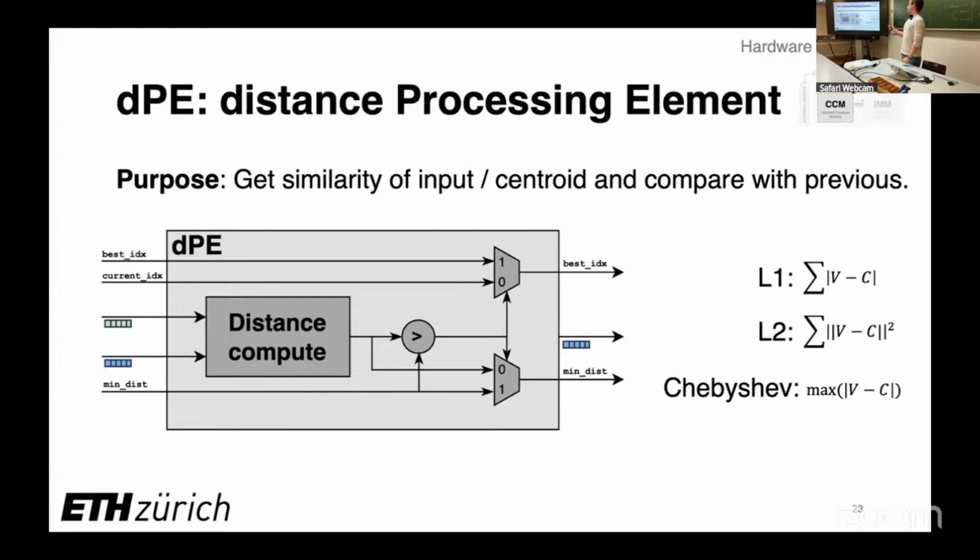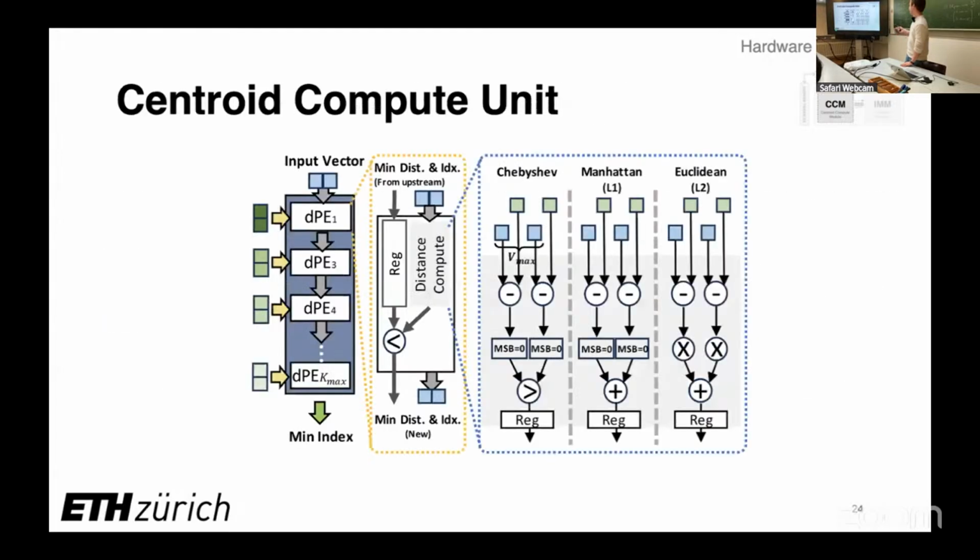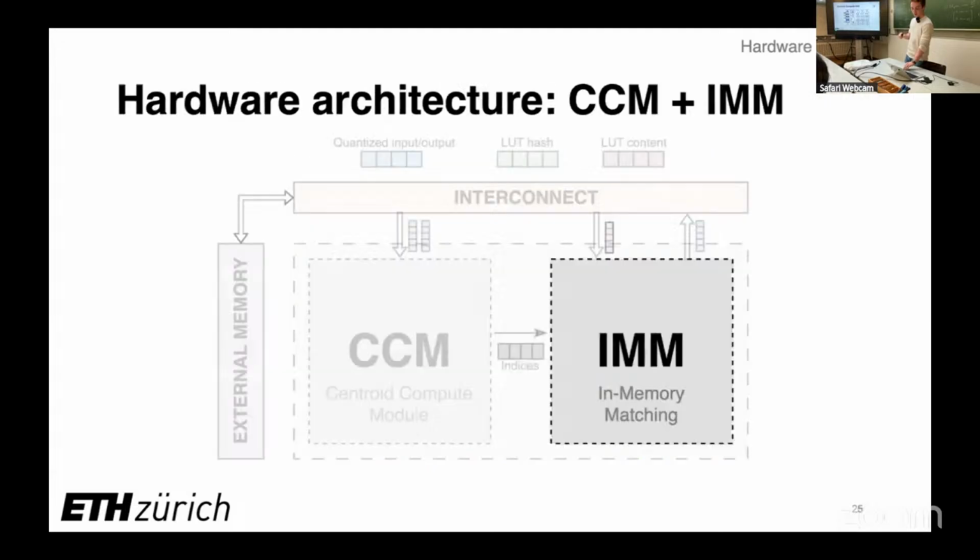And then the simplest but most crude is Chebyshev, which is just the maximum difference of any element between the 2 vectors. And this is a figure from the paper that gives more detail inside the compute, inside the DPE. So yeah, as you can see, there's very little hardware, and that's why this accelerator has such a higher area efficiency.